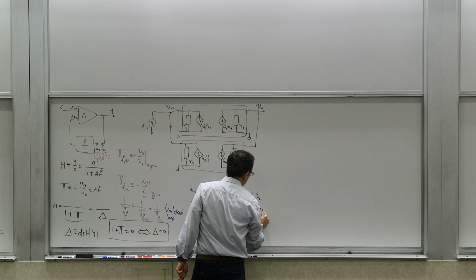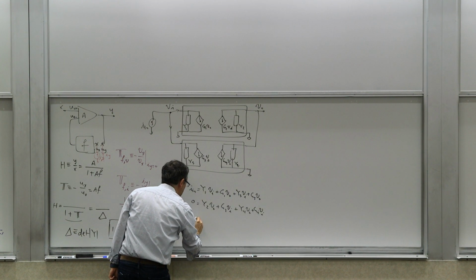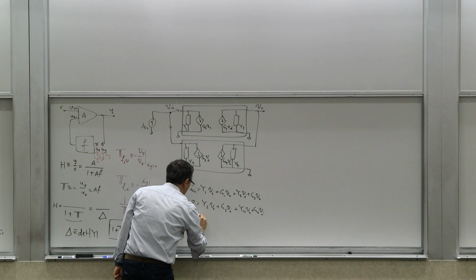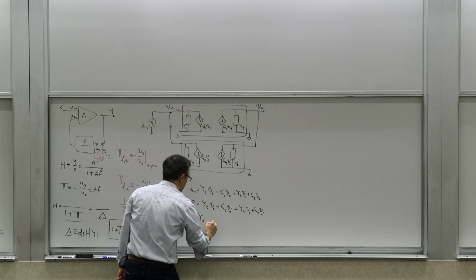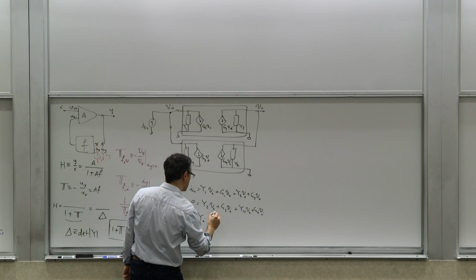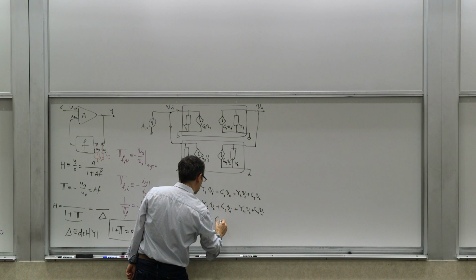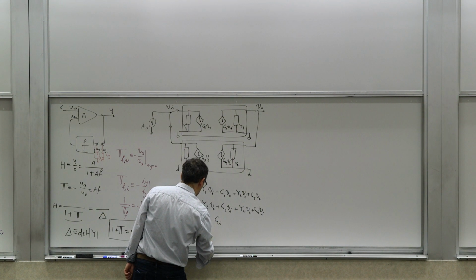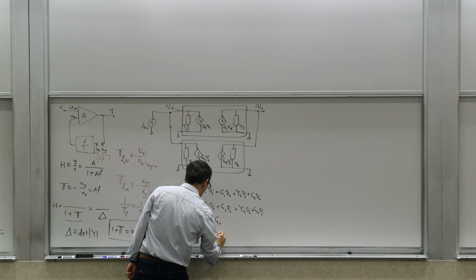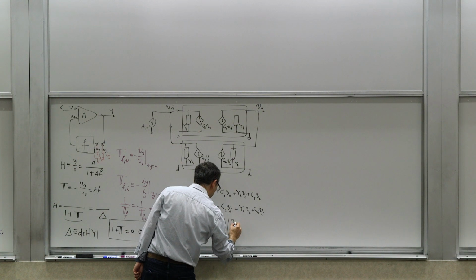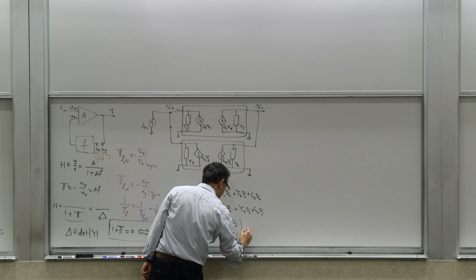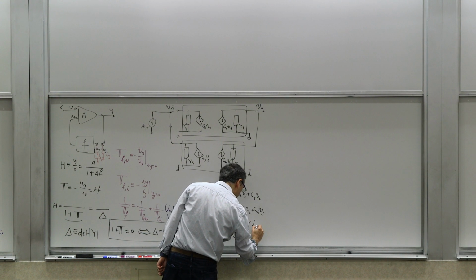Okay? And then you can simplify this. You can basically write it in this form, with YI, GI, GO, YO multiplying VI and VO, equals I in and 0.